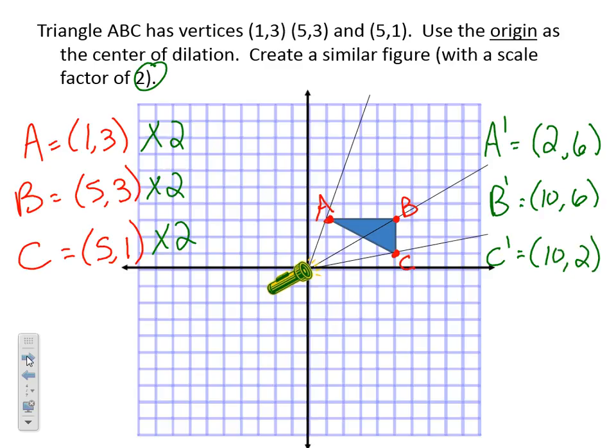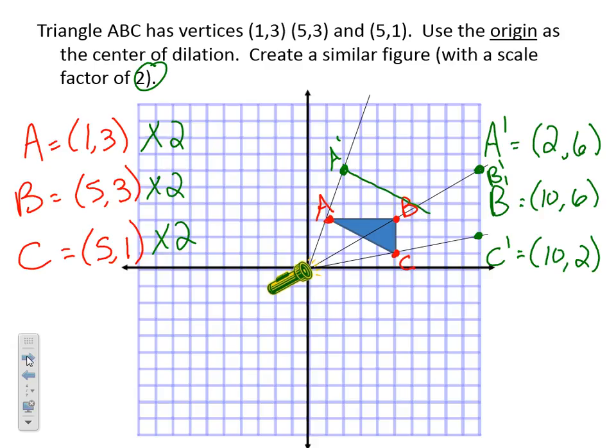Now, if we go on here and we plot these points, so I have 1, 2, 1, 2, 3, 4, 5, 6. Here's my A prime. And then B is 10, 6 right here. And then I have 10, 2, which is right here.